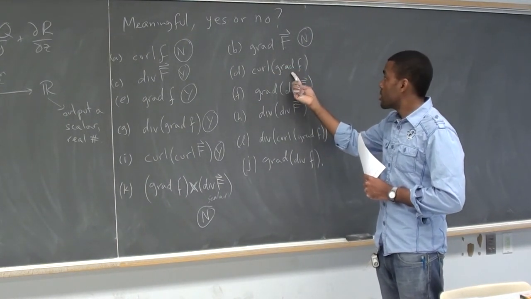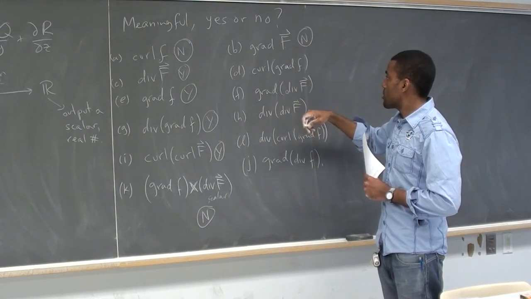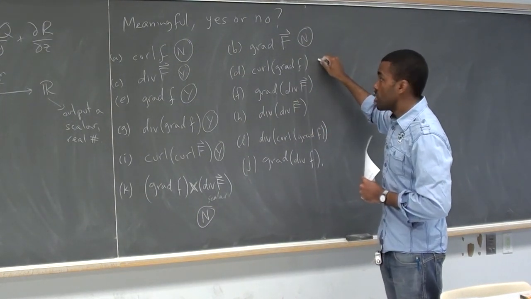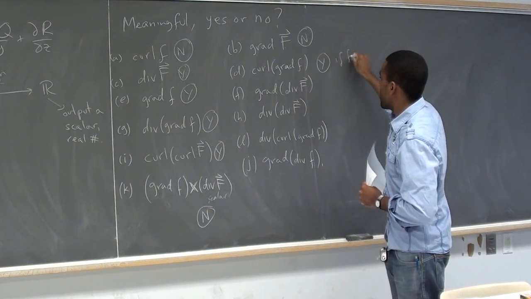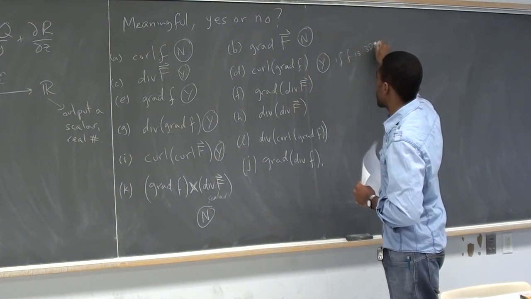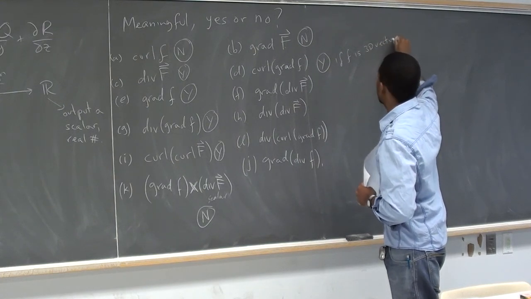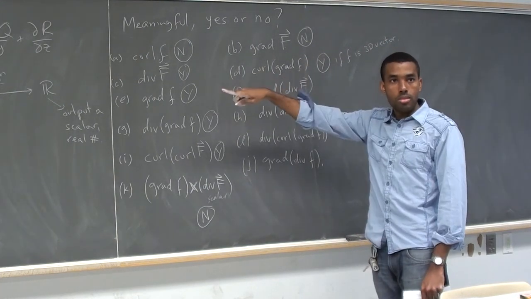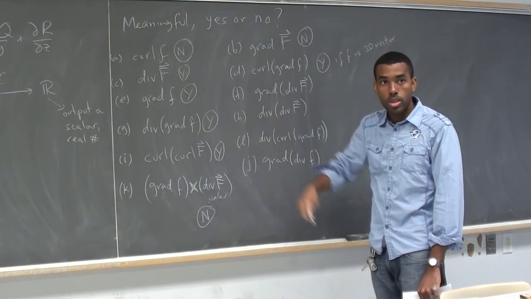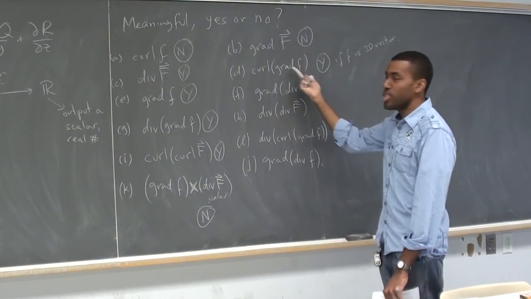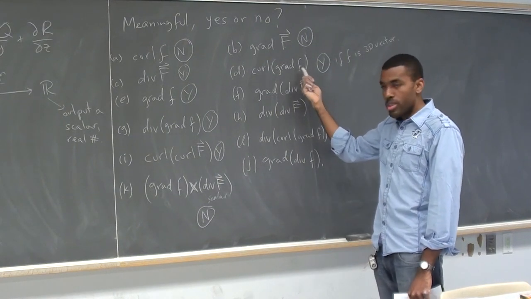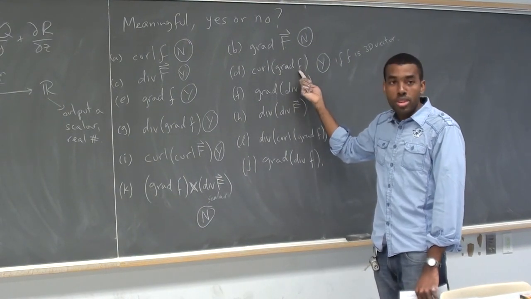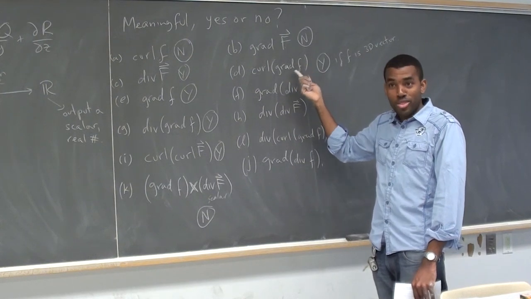Grad f is a vector, and curl of a vector is yes, but it has a condition: if f is a 3D vector. Remember, curl is taking a cross product. You need a 3D vector. If your f was a 2D vector, then it still wouldn't make sense. So on the condition, if your f is a three-variable function, which means grad f would be a 3D vector.